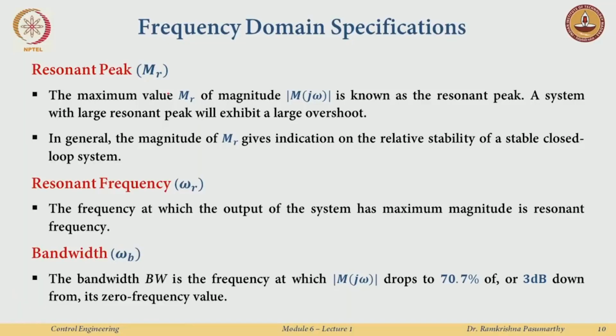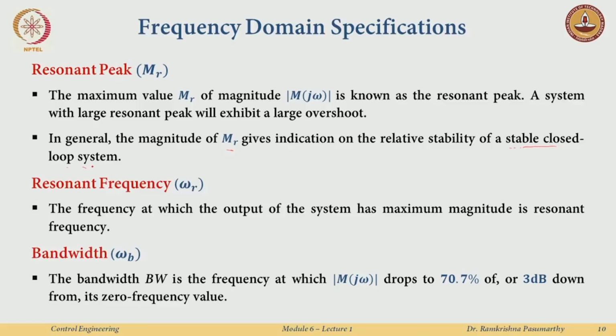So similarly here, does the magnitude reach a peak at some frequency? This peak, if it exists, is called the resonant peak. A system with a large resonant peak will exhibit a large overshoot, we will see that. So in general, this gives an indication of the relative stability of the closed loop system. We will just keep this in mind for the future.